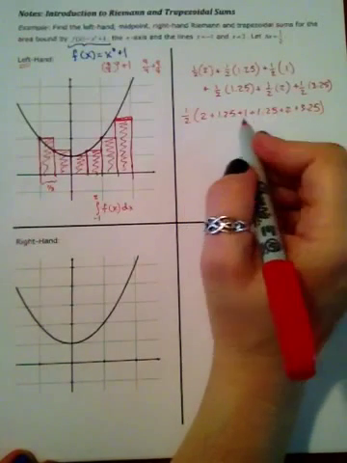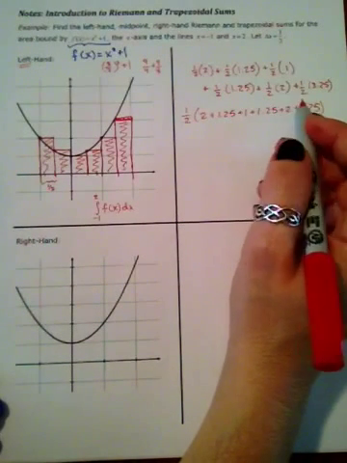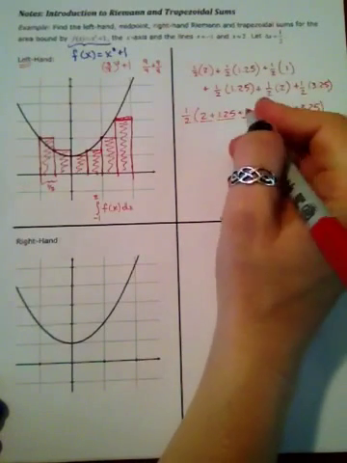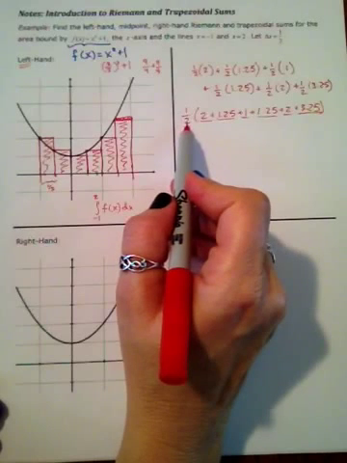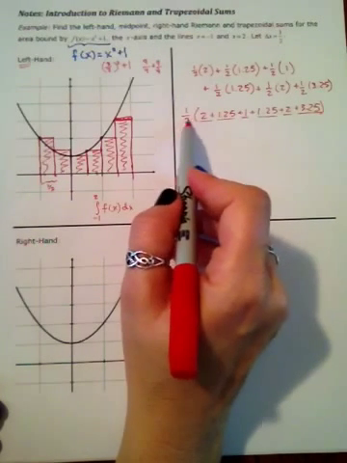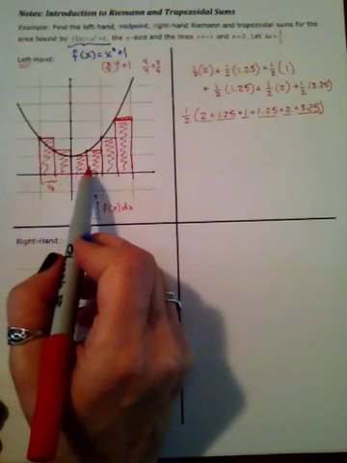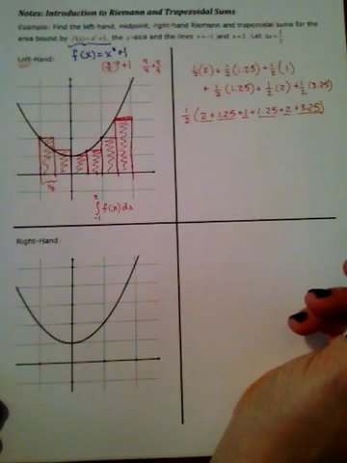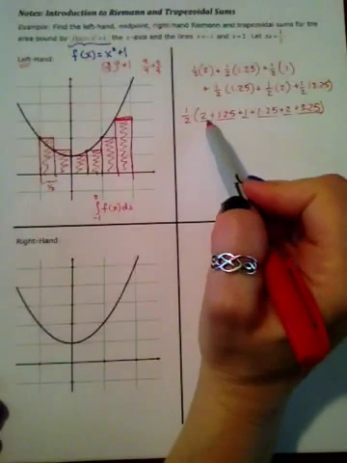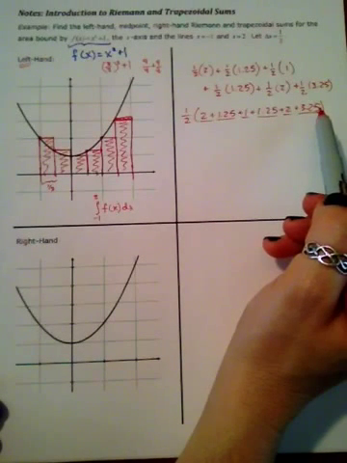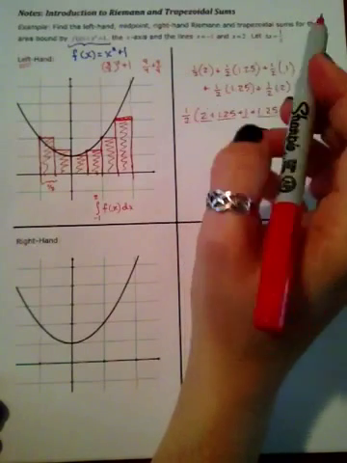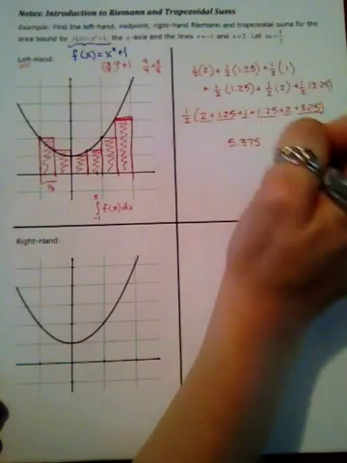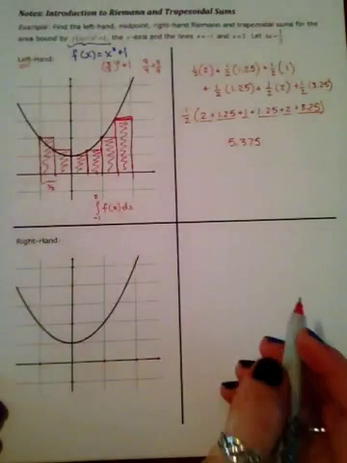This is generally how I will approach the problem because there's something very simple here: there are 6 different heights and they all have the same base. You can only do this if they have the same base. Having 6 rectangles and 6 different heights is a way to make sure I'm doing it right. This adds up to 10.75, divided by 2, and your sum is 5.375. That is the area of those rectangles.